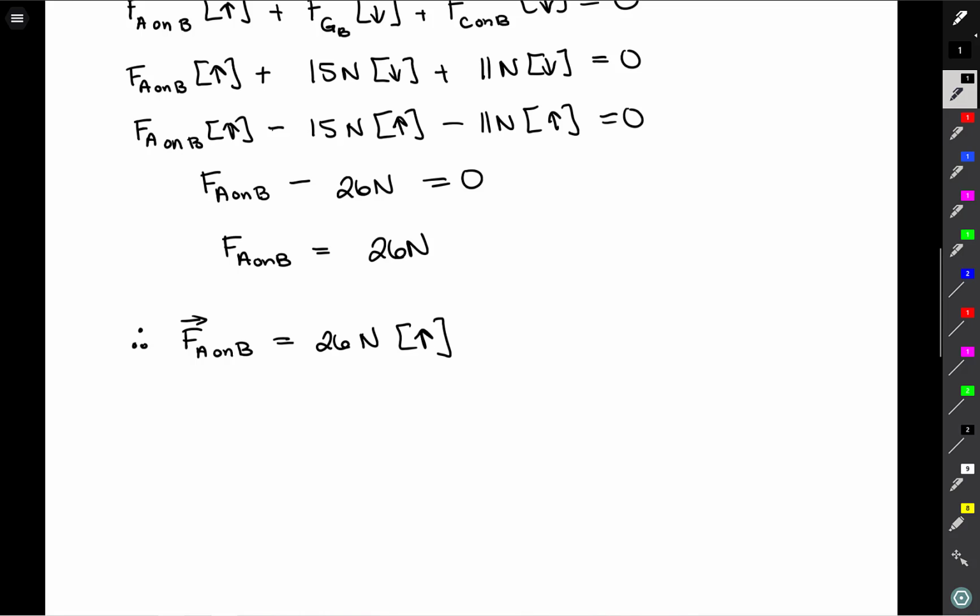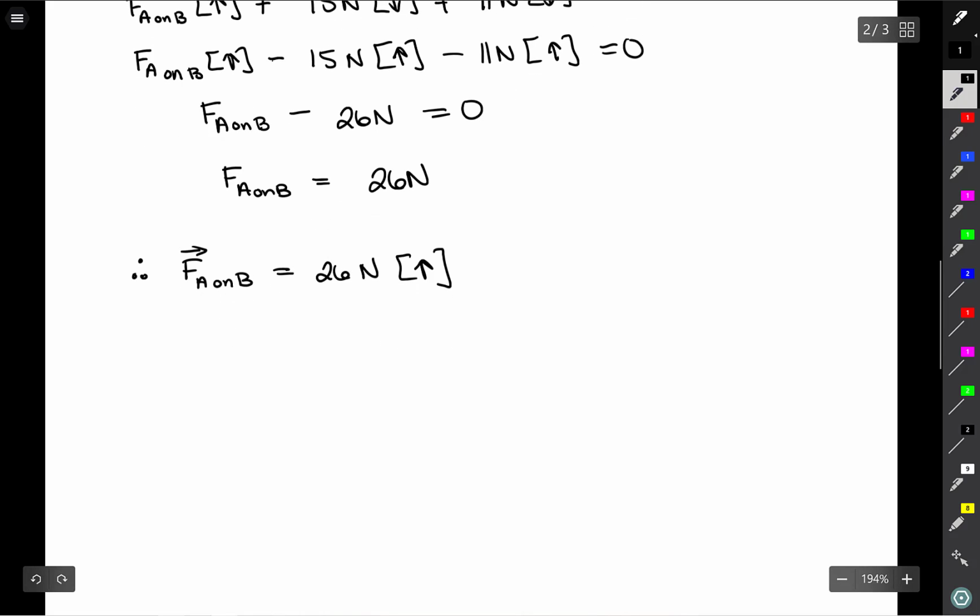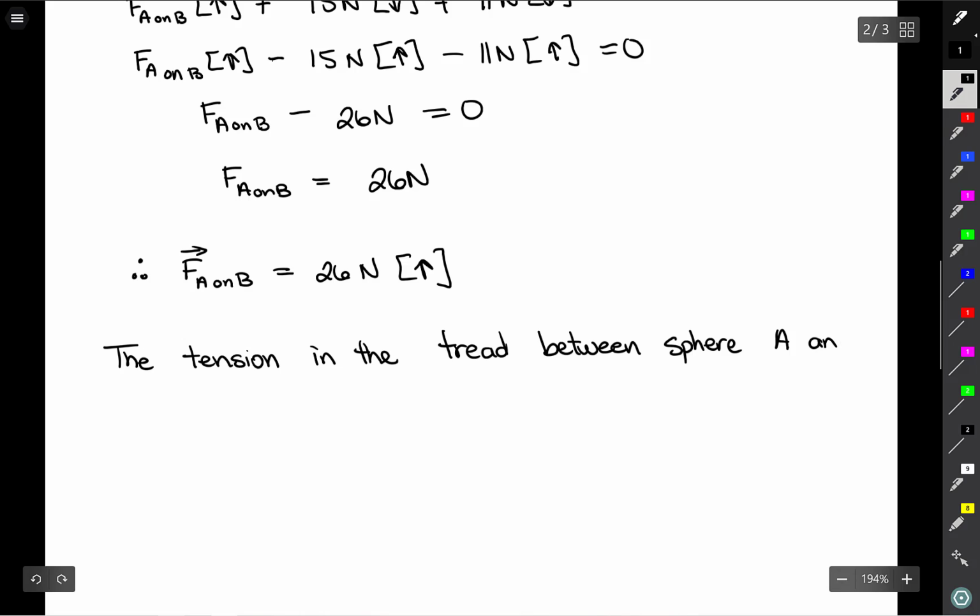Now, the question actually asks us to find the tension between these two boxes. This would be the tension acting on the rope or the thread between the two of them. So the tension in the thread between sphere A and B is 26 newtons.